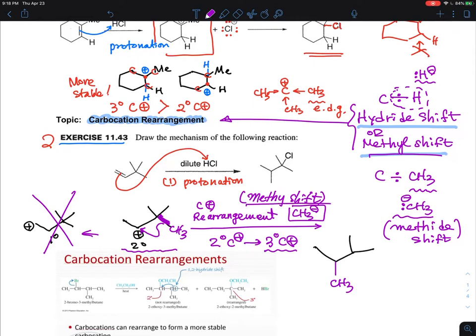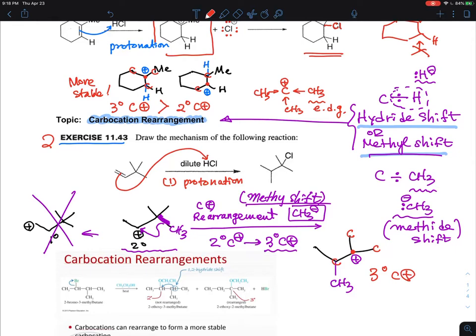By doing so, there's a positive charge that you develop here. And where does it go? Right here. That's the one. And then if you look at this carbocation right at the center, this one now has carbon, carbon, carbon. This is a tertiary carbocation, right?